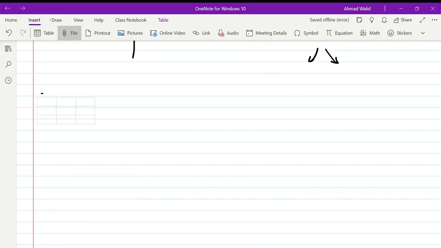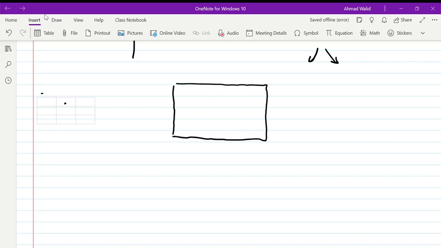Let me draw a table here. If I write all these four cases, if I show it in a table for you to memorize easily, I can put all the cases here for you.